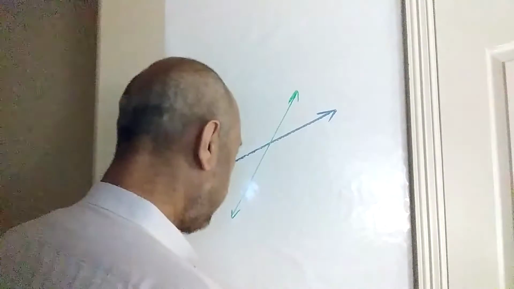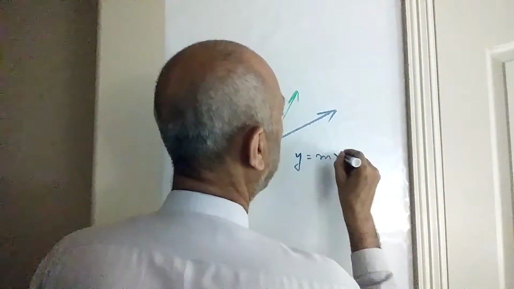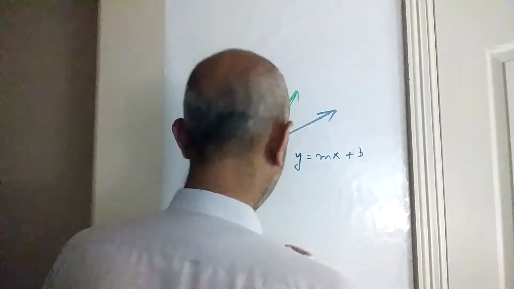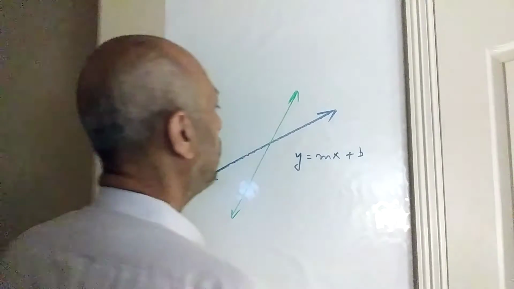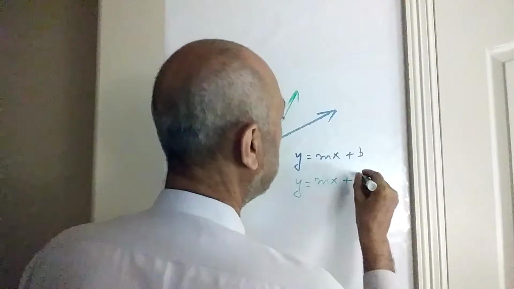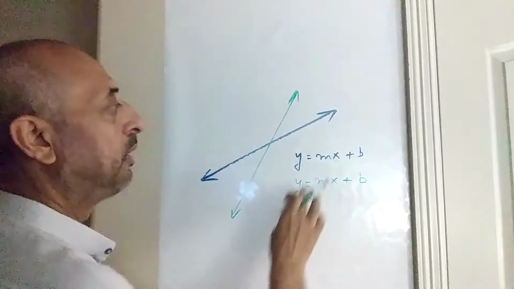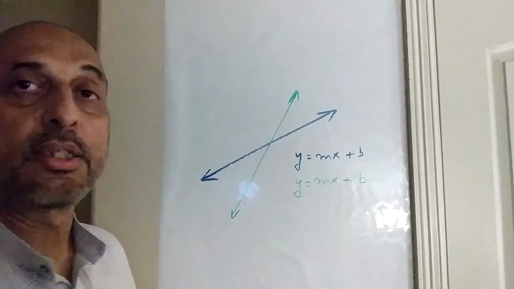So if we look at the equation y is equal to mx plus b, and the equation of the other line is y is equal to mx plus b, when the values of m in the two equations are different, they will intersect.